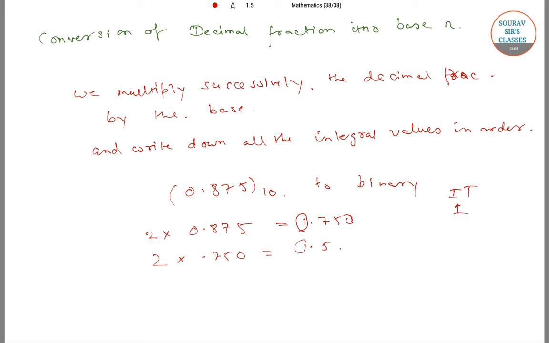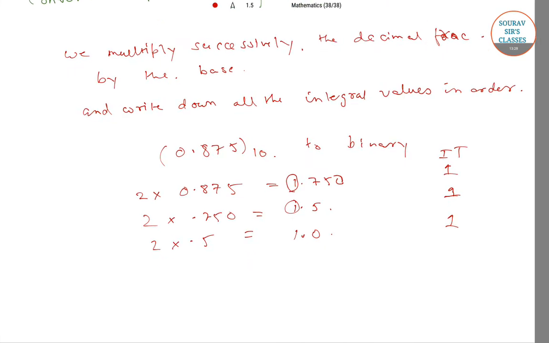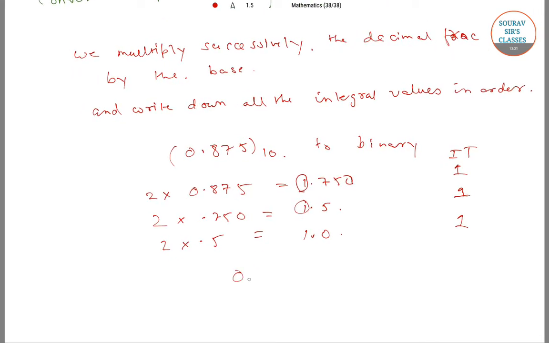Here the integral part is 1, so we again write 1, and then we multiply 2 into 0.5, which equals 1.0. Here the integral value is 1 and we have no decimal value, so we stop here. So 0.875 in the decimal system is equal to 0.111 in the binary system.